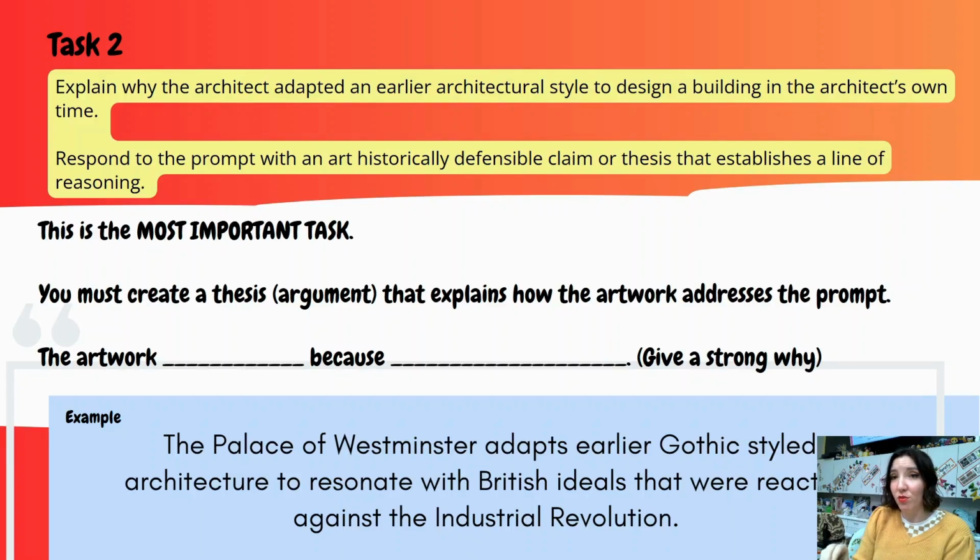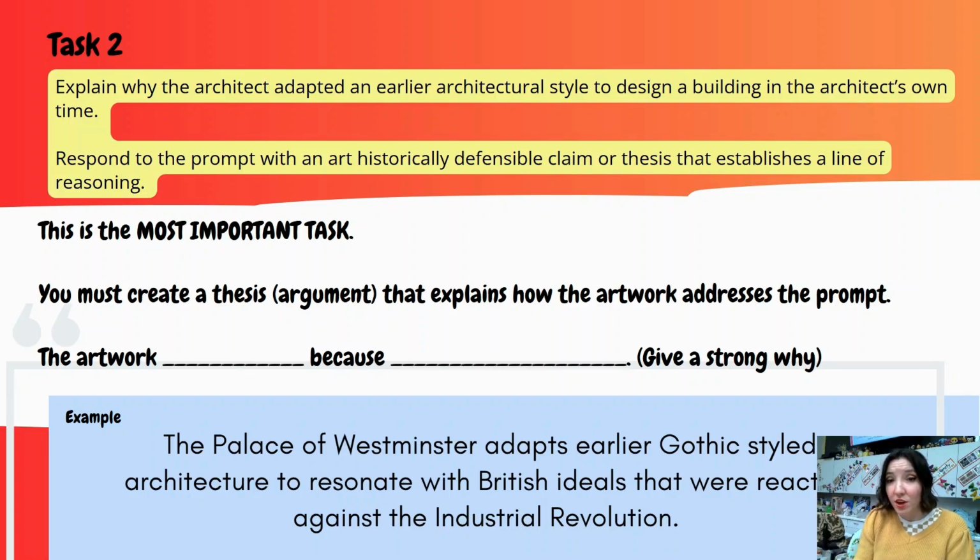The Palace of Westminster adapts earlier, now I could specify, Gothic-styled architecture to resonate, so here's my because, to resonate with British ideals that were reacting against the Industrial Revolution. I took the artwork, I took the prompt of adapting earlier architectural style, I stated what architectural style it adapted, and then I explained why they adapted that style.